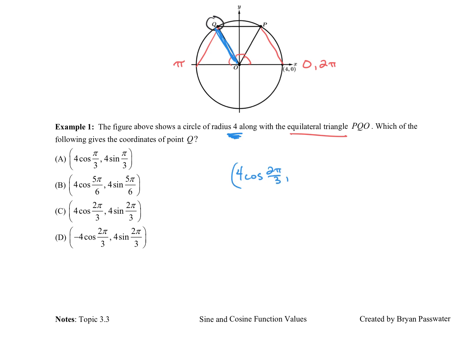And then for my y value, it would be my radius of 4 again, and then the sine of, what is the angle measure again? 2 pi over 3. And so which one does that match up with? C. All right.